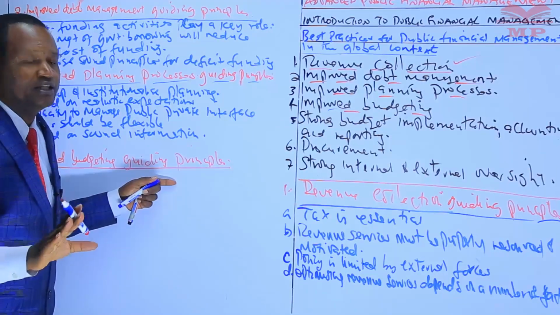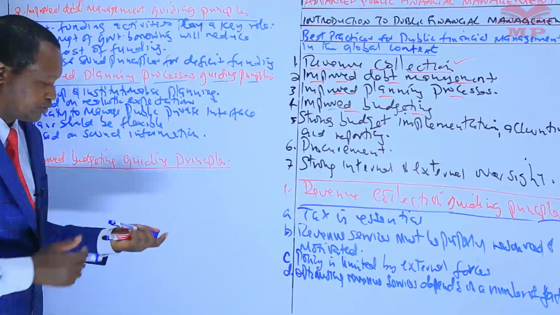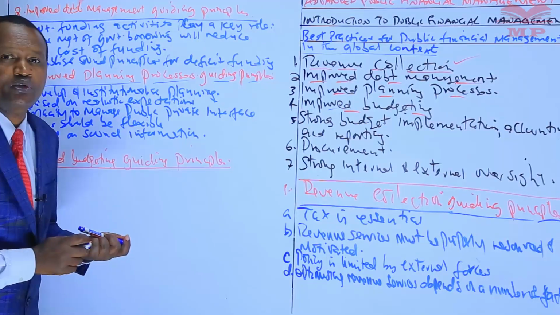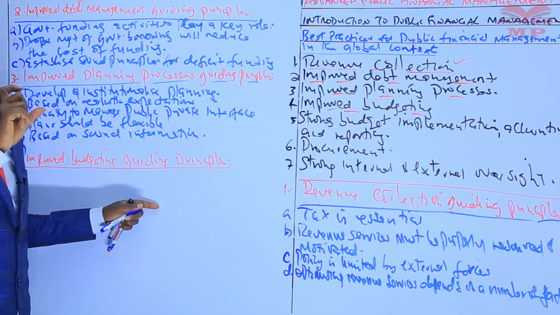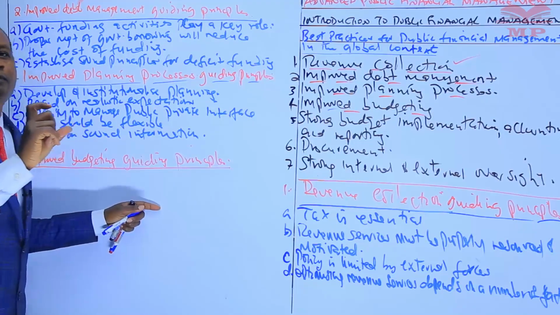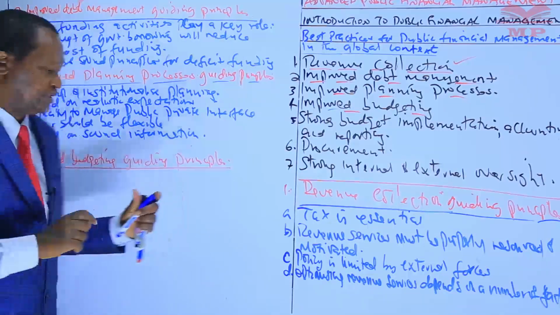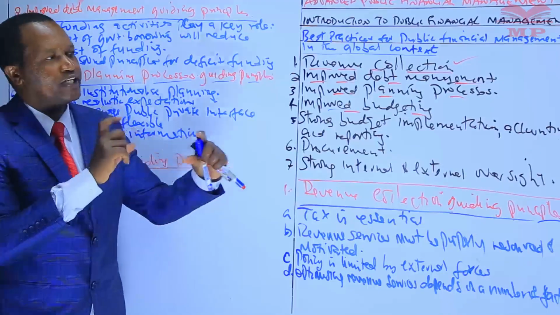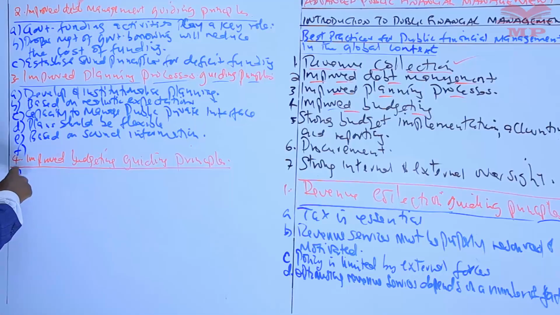Now, candidates, there are a number of principles that should be respected in the budget process. And one principle is in relation to the budget reflecting the overall economic policy. The budget should reflect the overall economic policy.